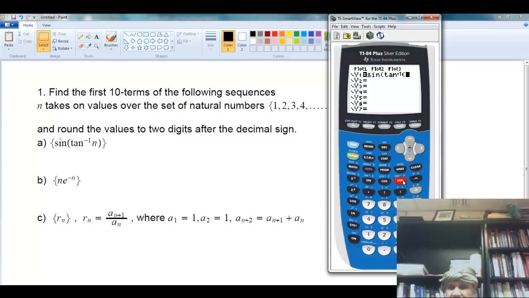So if I have to add 100 terms, what I do first is I go to math. Second? Yeah, math. I always forget which one it will be.